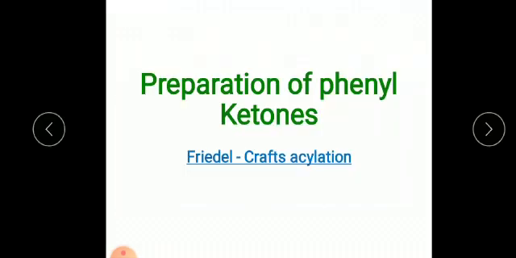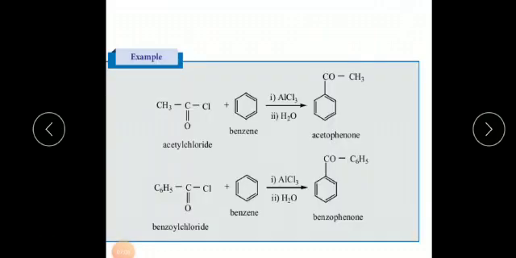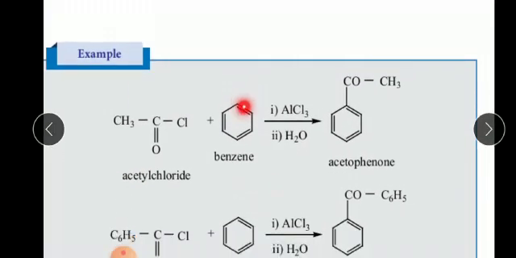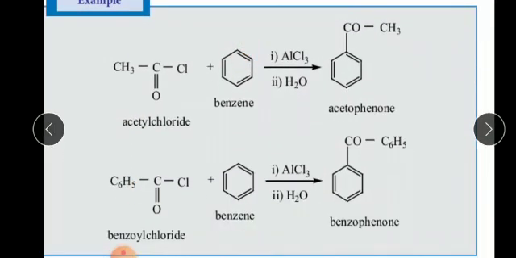This is preparation of ketone. Next, preparation of phenyl ketones by the Friedel-Crafts reaction. Phenyl means what? It should be a benzene ring. The ketone group we already know. So two groups must come, that is why we are writing phenyl ketone.